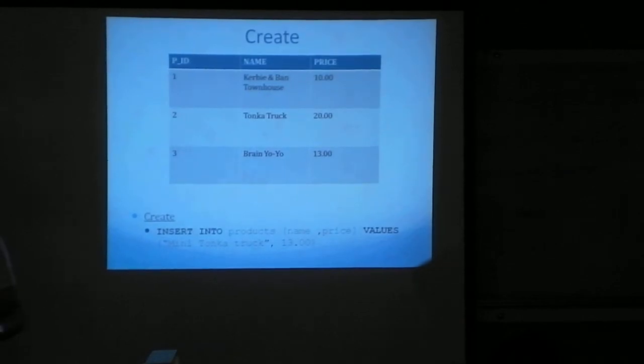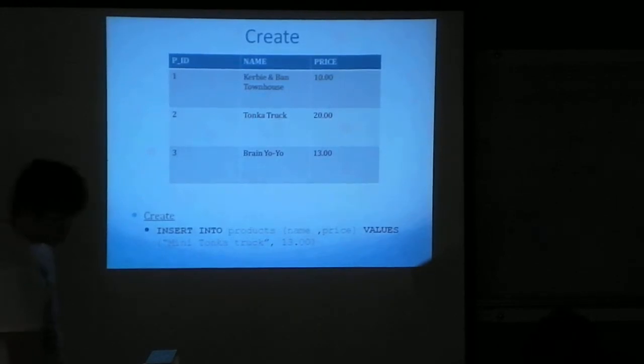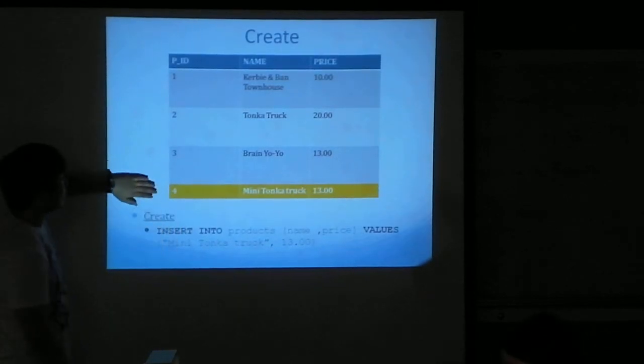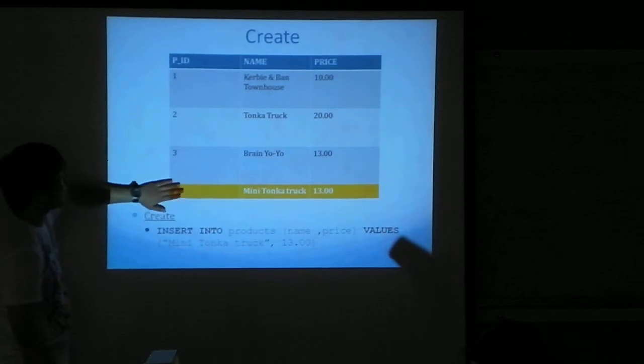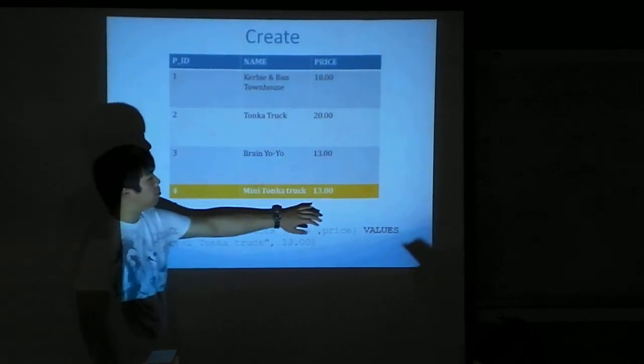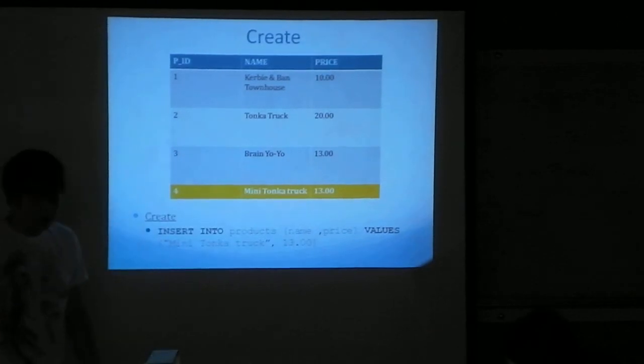We would just add a row with product ID 4, name mini Tonka truck, and price 13. Yeah, exactly. It would basically add this extra row here. It'll automatically assign the ID, and we'll just put in the mini Tonka truck as the name and 13 as the value.